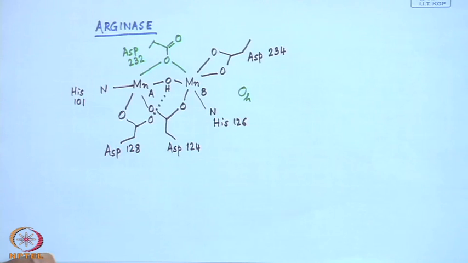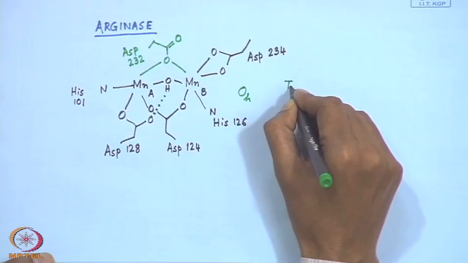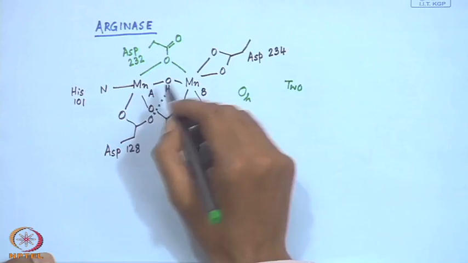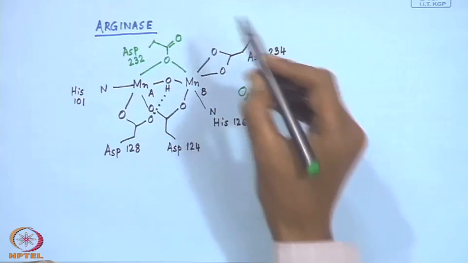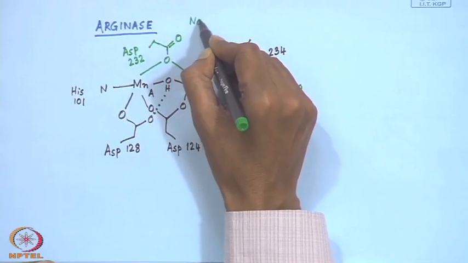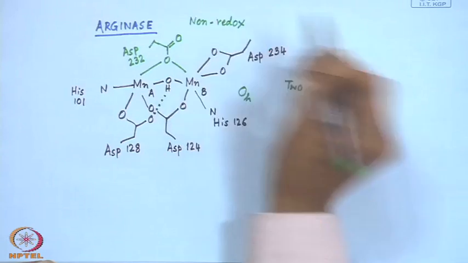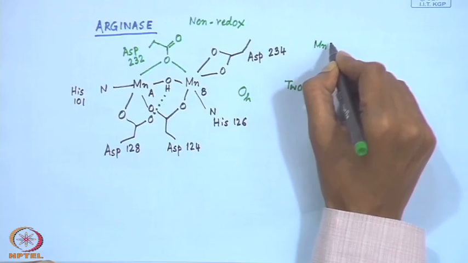So, that gives some very important idea that we have the 2 spin coupled manganese sites, because it will not show any kind of redox reactivity. Arginase is a non-redox one. So, both the manganese 2 will be there.